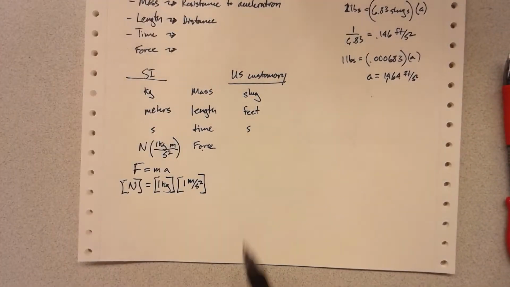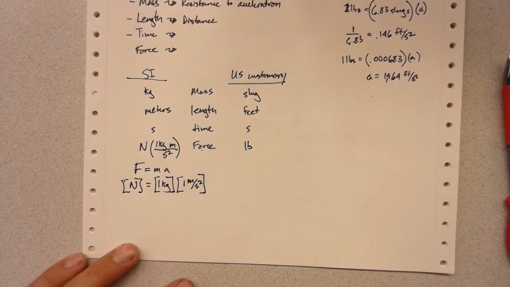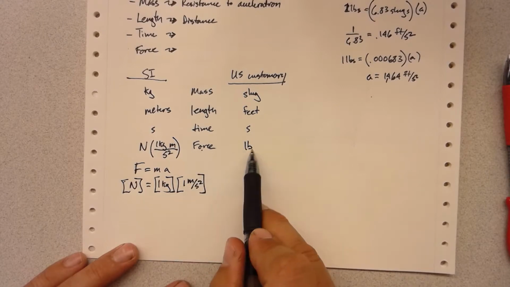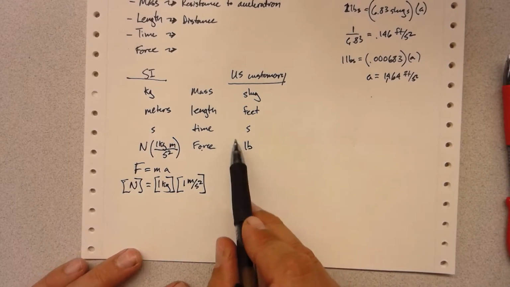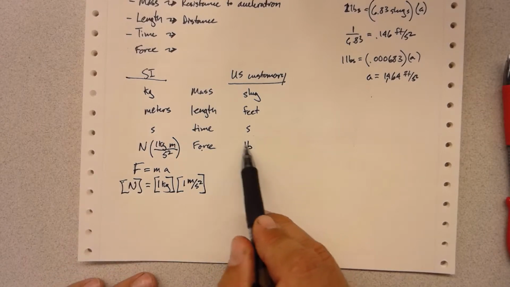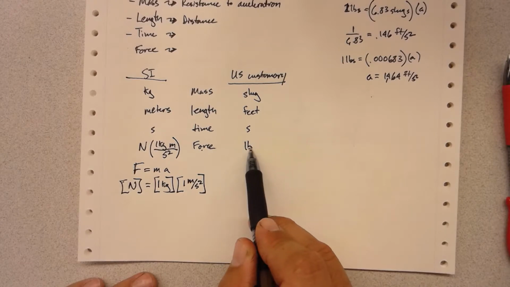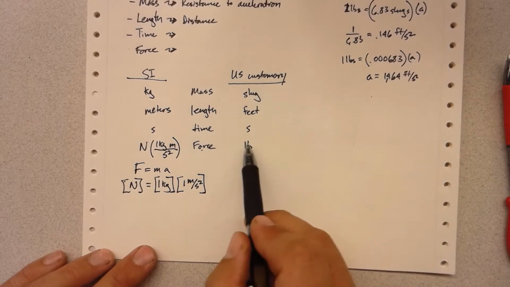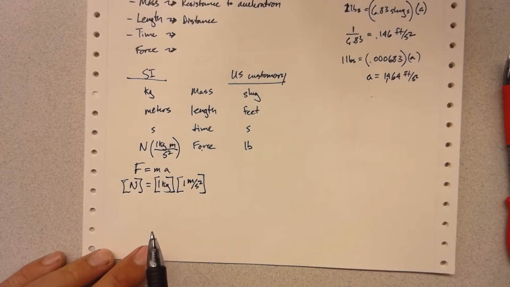Okay. And in the US customary system, we have the pound. Now, in the customary system, our standard, I forget how they came up with this. It was probably like, I don't know, if 2 pigeons float or something. Somehow they came up with a standard of what 1 empirical pound was. Right? And then they had to go back when they realized, actually we need to figure out what mass is and develop the concept of a slug.